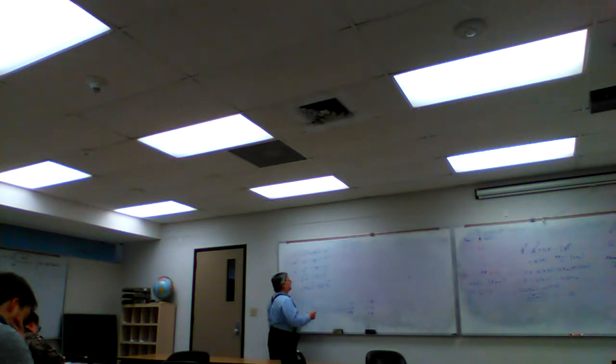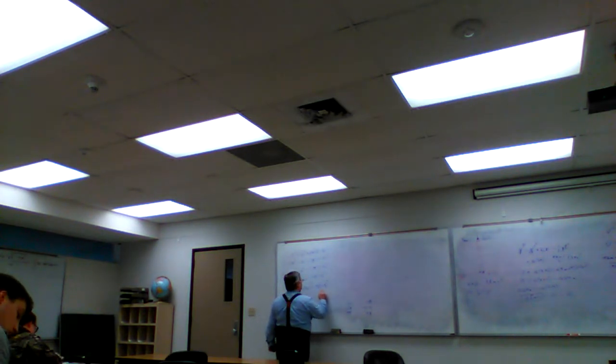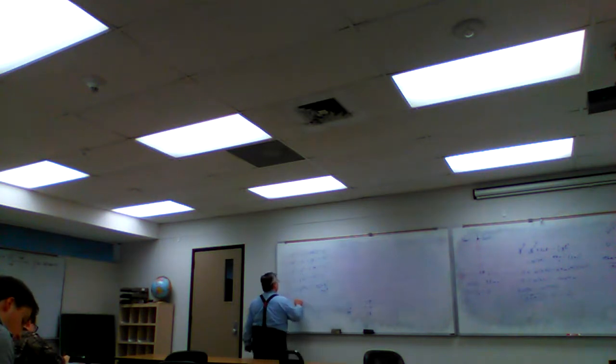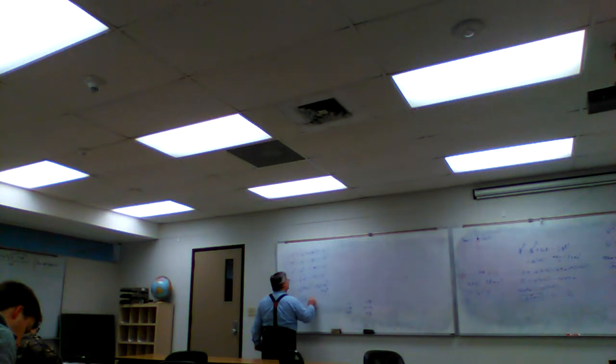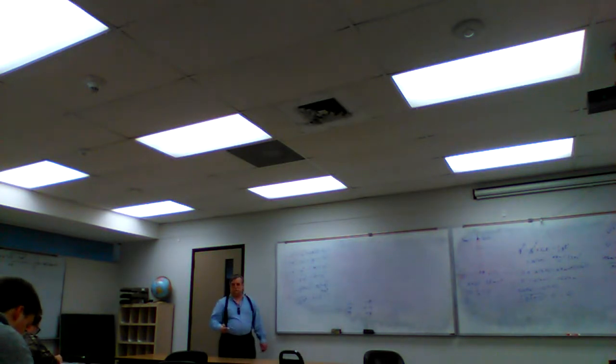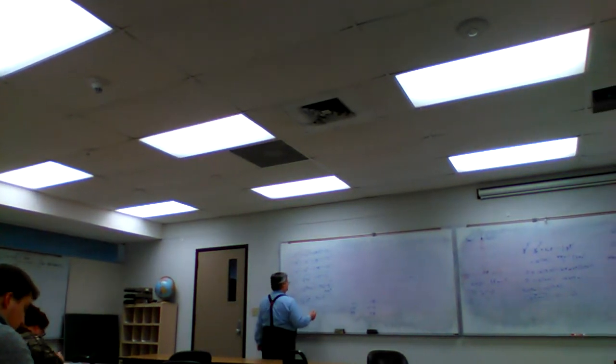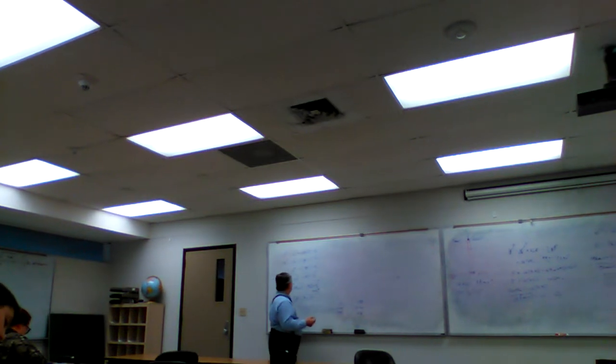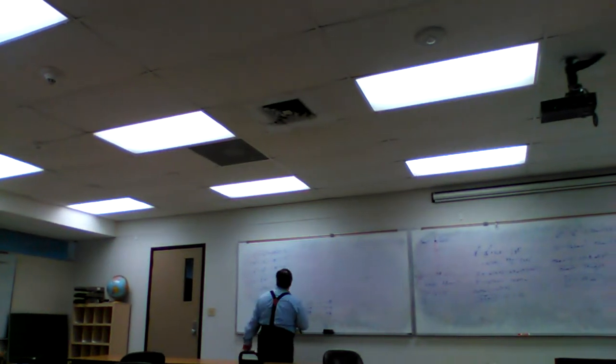Okay, so Y would be 13 meters. Y naught is 0. So now we have the square root of 24 squared minus 19.6 times 13. Say again? Final answer is 17.9. 17.9? Yeah.